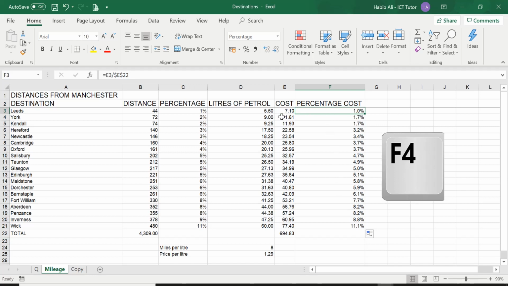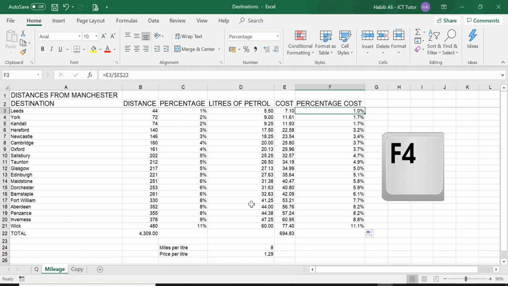So each one of these three examples that we have used, liters of petrol, cost and percentage cost, for each one of them we had to use an absolute reference for the second cell reference in our formula, because we wanted this to remain constant and not to change as we replicated down.